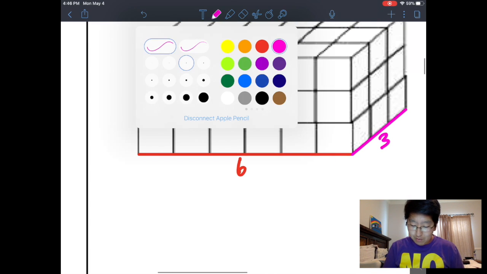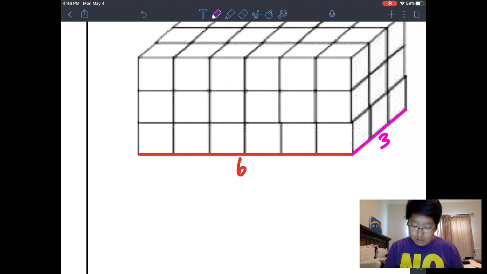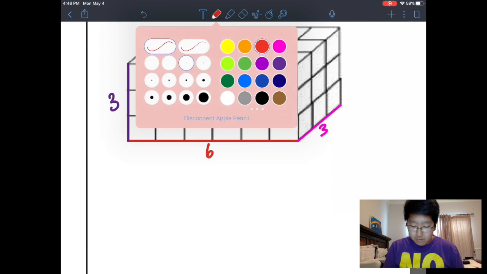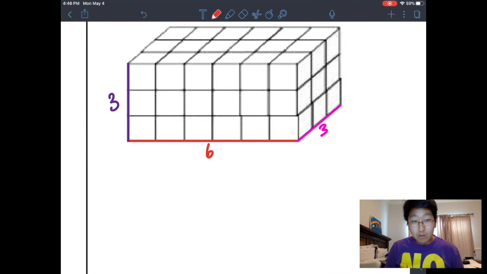And how do I find the height? I'm going to go over to the side, look over here, and count 1, 2, 3. So that's the height. So the area of the base is going to be 6 times 3.